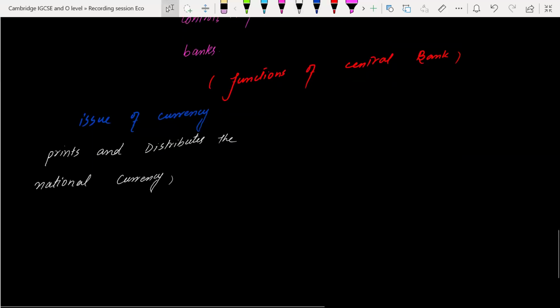Next function is monetary policy, control inflation.